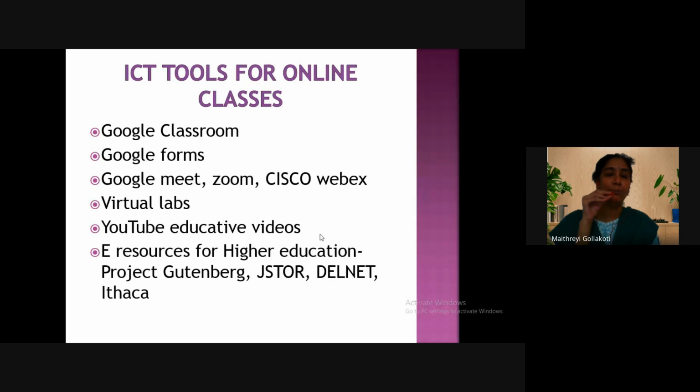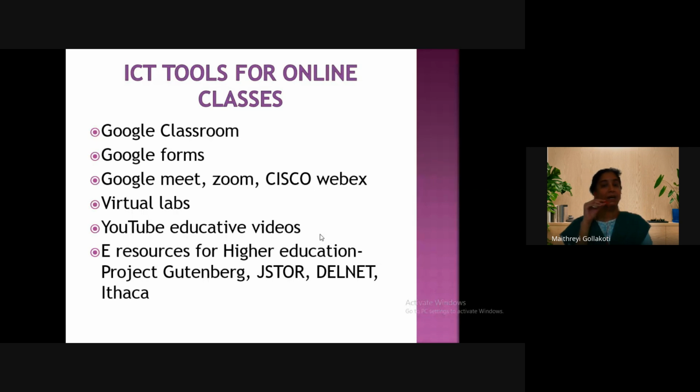Project Gutenberg. Project Gutenberg has a lot of ebooks which are available free of cost. Next is JSTOR. JSTOR is journal storage. It stores the journals across the disciplines all over the world. Any journal you can access through JSTOR.